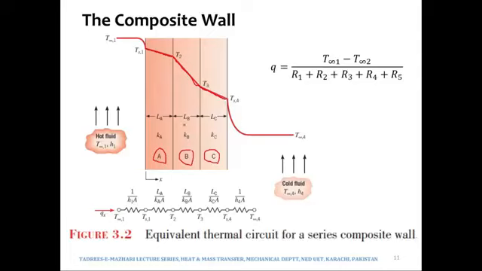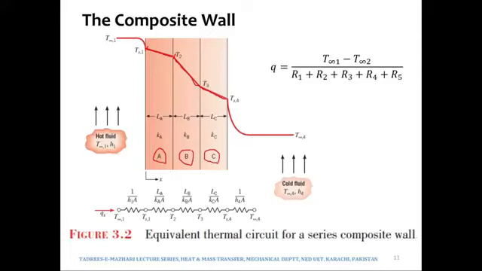If we compare, for example, A and B, we can see that in B the temperature gradient is large as compared to A. It means that B is offering more resistance to heat flow, and therefore there is a larger temperature difference, right? And since the temperature difference between TS1 and T2 is not as large as B, that would indicate that A is relatively more conductive as compared to B.